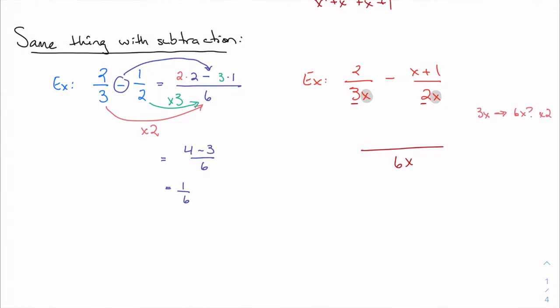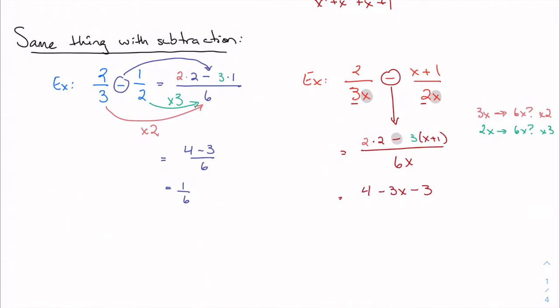Well, I'm going to multiply by 2. So I'm going to do the same thing in my numerator, 2 times 2. Now I'm going to look at my second term and say, what do I do to 2x to get to 6x? Well, I multiply by 3, so I'm going to do the same thing there, 3 times x plus 1. Operation in the middle is subtraction, so that's going to carry down. We're going to simplify. I'm going to get 4 minus 3x minus 3.